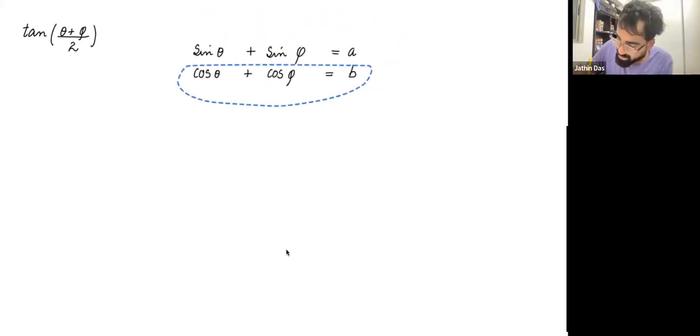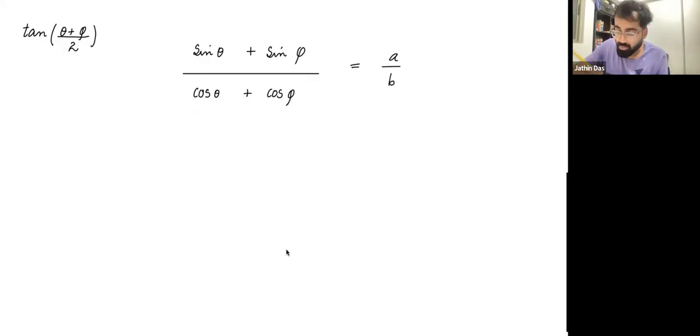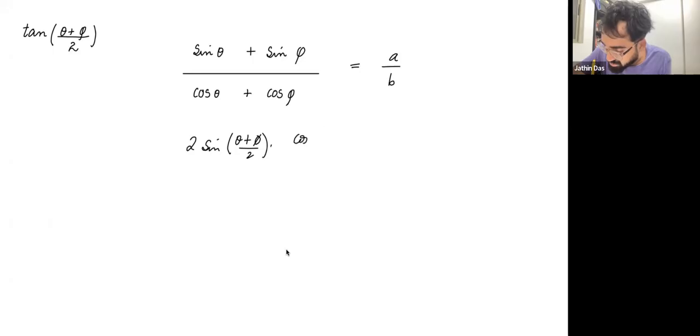See what I'm doing is I'm dividing these two equations. So can I say that is equal to a by b? So on top it will be sine and sine, so sine theta plus phi by 2 and it will be cos theta minus phi by 2.